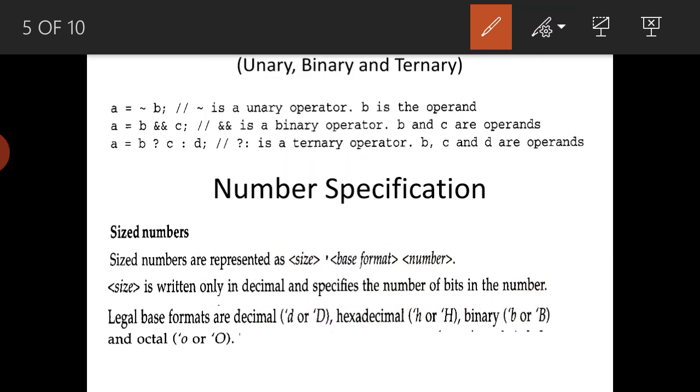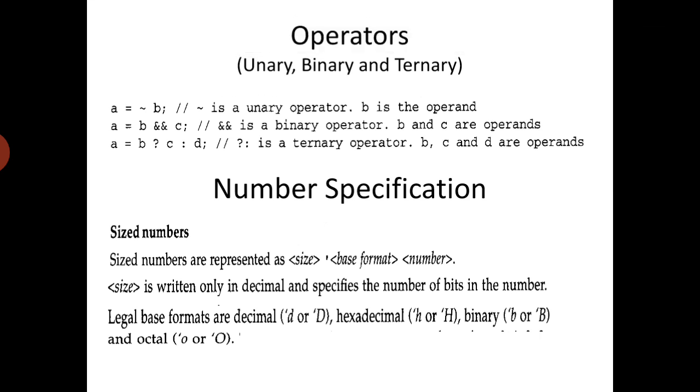We are not concentrating on the functionality here; we are concentrating on what the operators are and how they are used. These are the types of operators: unary, binary, ternary. Many operators come under binary and many under unary.